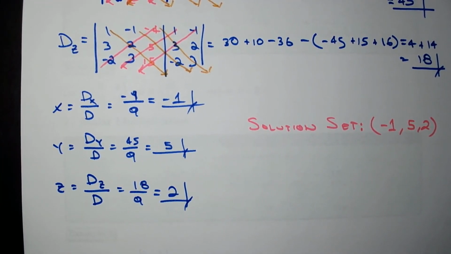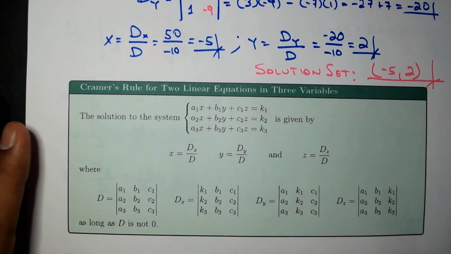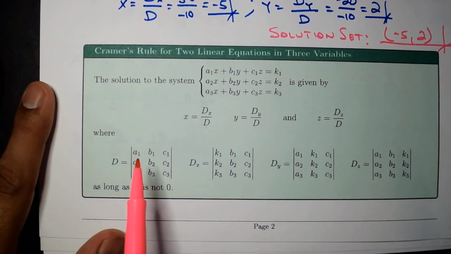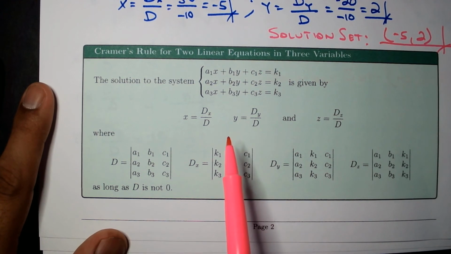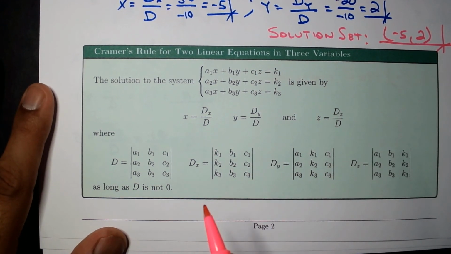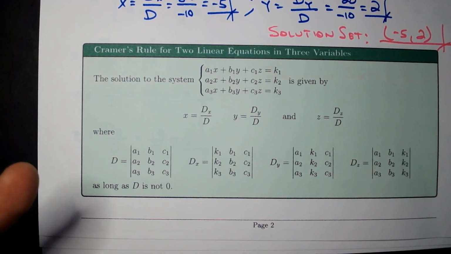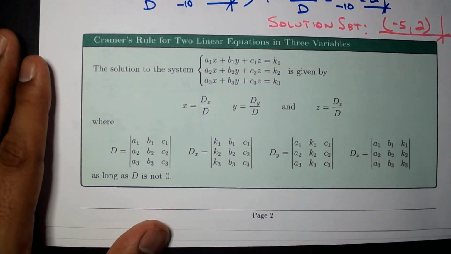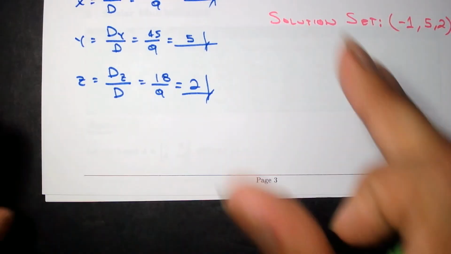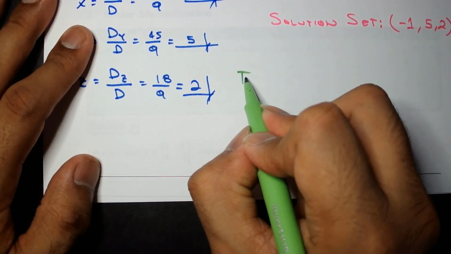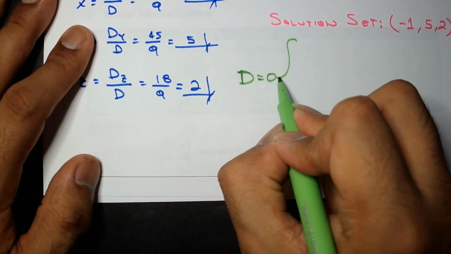So just a quick comment on solving systems of equations using this method. The minute you get that d is equal to 0, this system may not have a solution, or may have infinitely many solutions. I would like to quickly comment on that. So d equals 0, what happens?